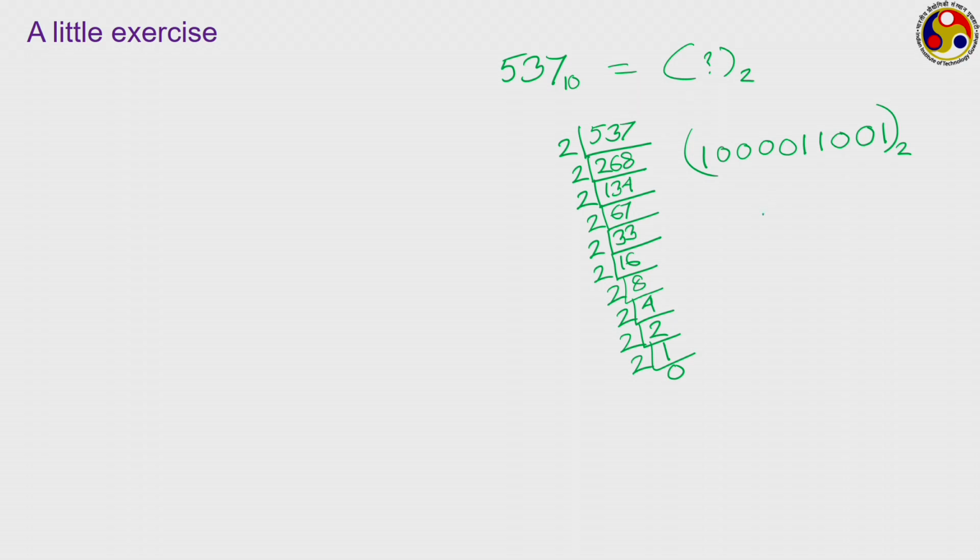Like if we want to get the octal version of the same quantity, this 537, then we have to divide it by 8. So, if we divide it by 8, how much are we going to get? 6, 48 and 57. So, 7, leaving us 1 as remainder.